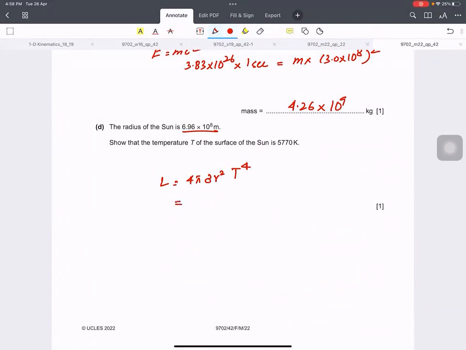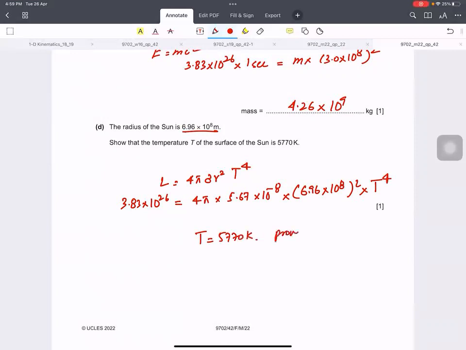Luminosity थी 3.83, 4 pi, ये जो है 5.67 times 10 raised to -8, radius था 6.96 times 10 raised to 8 whole square times T raised to power 4. So क्या आंसर है? ये आंसर है. Okay, proved. This is pretty simple.